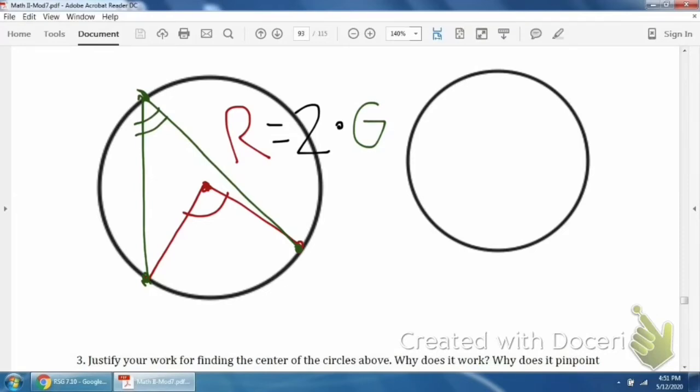Or you could also think about it as the green is half of the red. Either way. Alright, so that's just like the main idea. One of the main ideas that we remembered from the chapter.